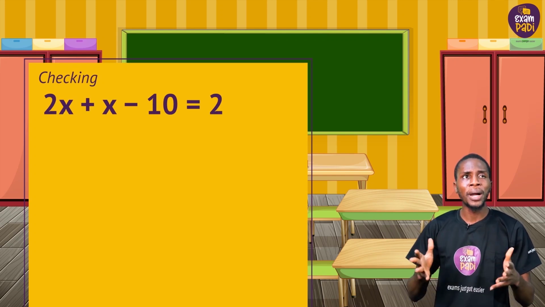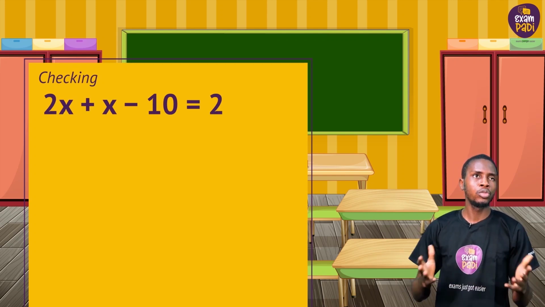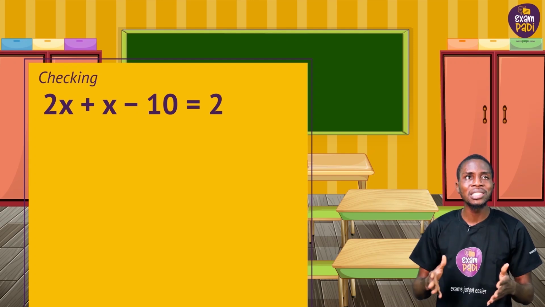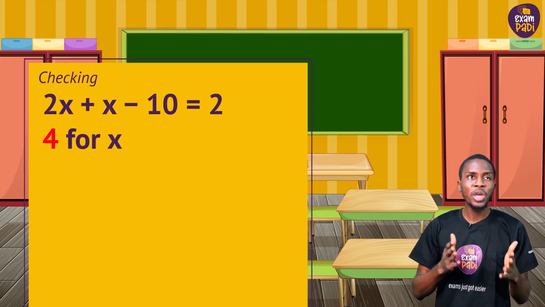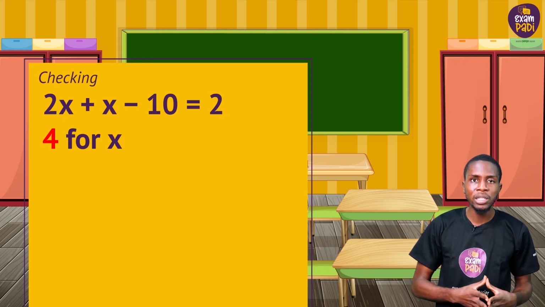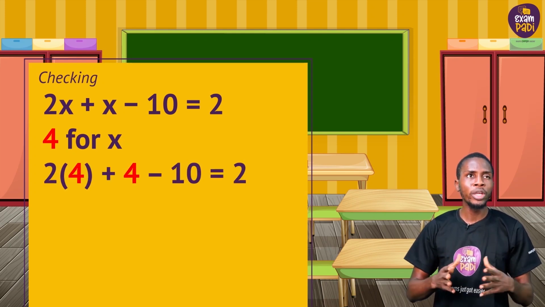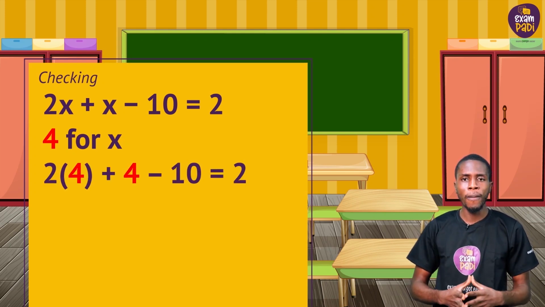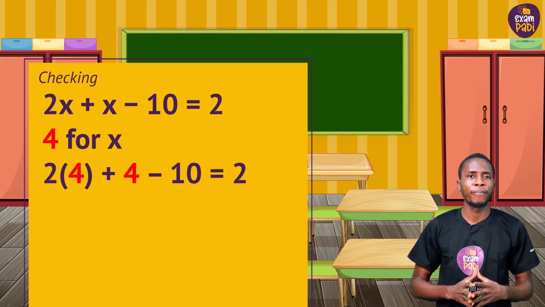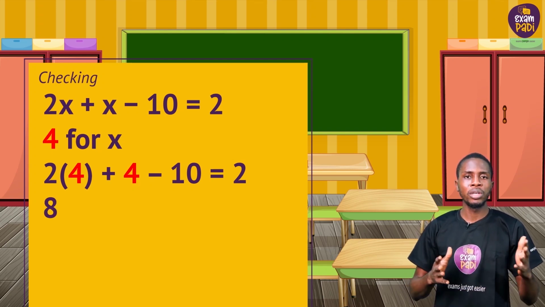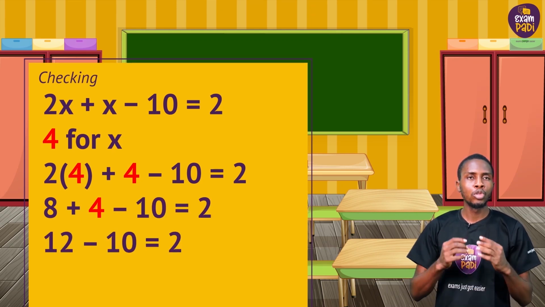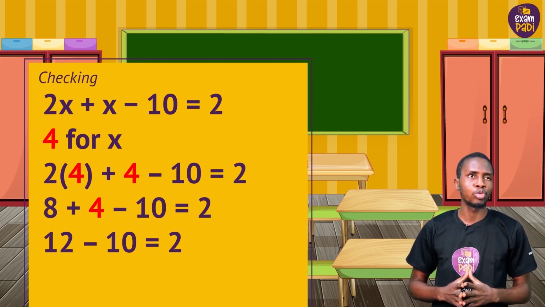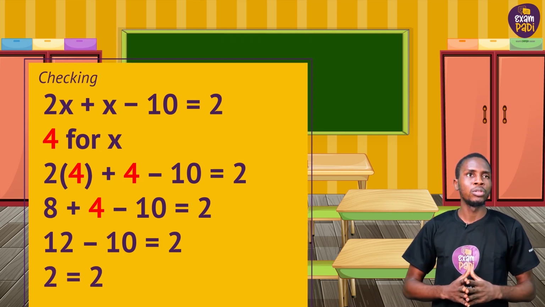Let's check if our workings are correct. 2x plus x minus 10 equals 2. To do this, we substitute the answer we got, which is 4, for x. That is, wherever we find x, we replace it with 4. 2 times 4, plus 4, minus 10 equals 2. 2 multiplied by 4 is 8, plus 4 minus 10 equals 2. 8 plus 4 is 12. 12 minus 10 equals 2. 2 equals 2.